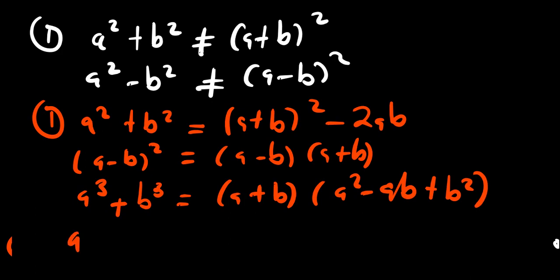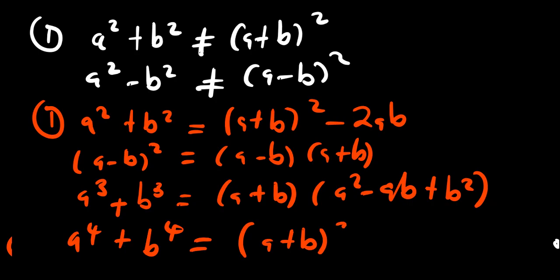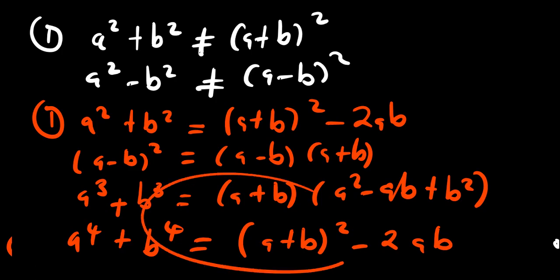Then let's raise the power to 4. Let's say a to the power 4 plus b to the power 4. What are we going to have? Get the first expression, (a plus b) squared minus 2ab. Now, this is the same as the first expression.